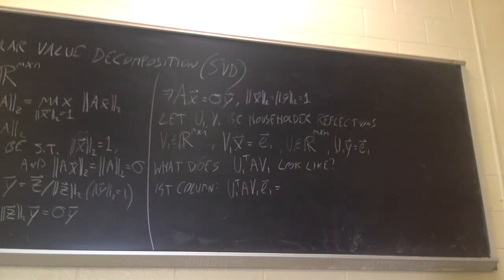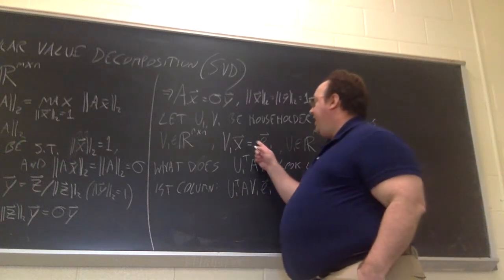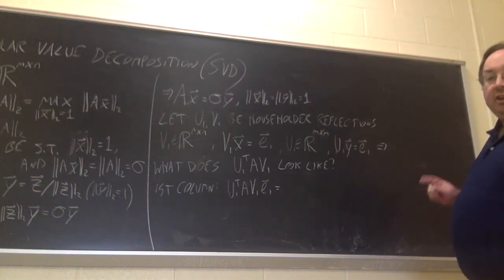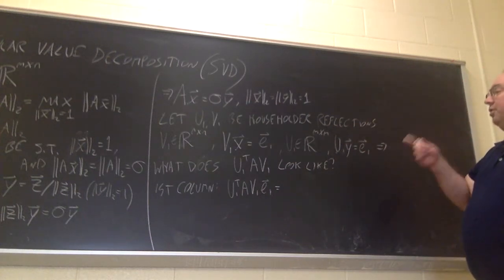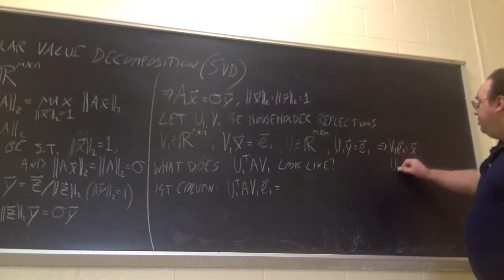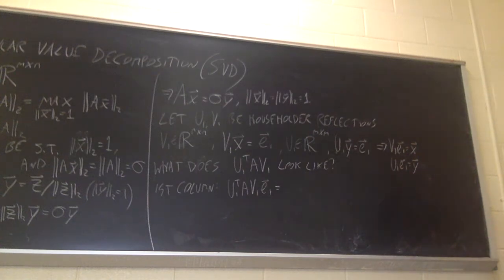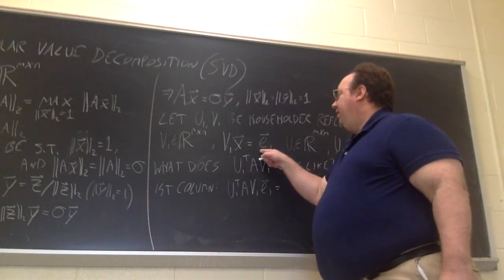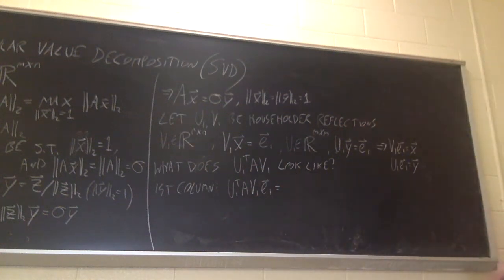What was shown was that a Householder reflection is its own inverse. So here I have V1 x is equal to e1, and similar for U1. The fact that it's its own inverse means that V1 e1 is equal to x, and U1 e1 is equal to y. So I can put V1 here or here, and the equation is correct because it's its own inverse.